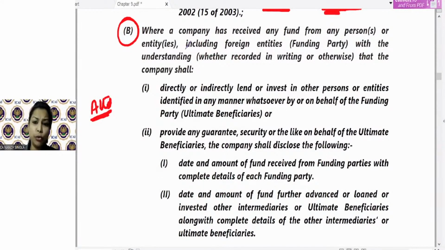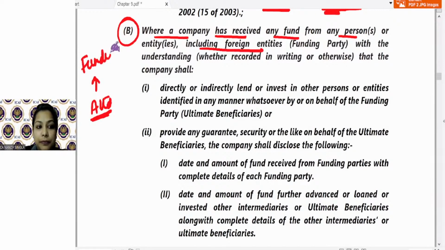Okay, look, it is very interesting. Where a company has received any fund from any person including foreign entities, now that party, what was it called? The funding party. Earlier A Limited was the funding party. Okay, with an understanding, whether recorded in writing or otherwise, that the company shall, now which company?